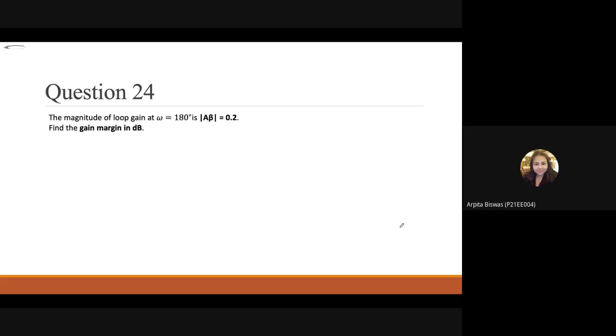This is question number 24. The magnitude of loop gain at omega equal to 180 is mod of A beta equal to 0.2, and find the gain margin in dB.